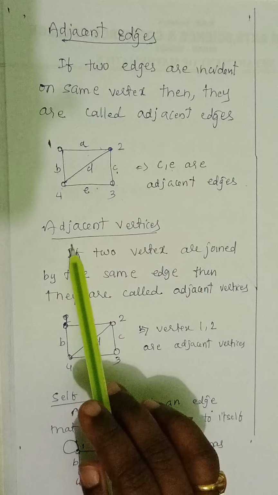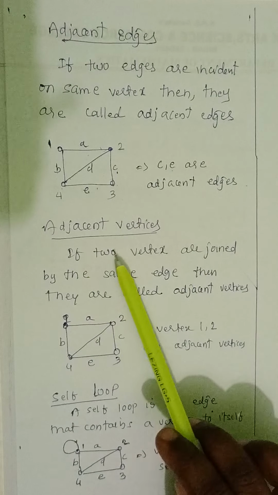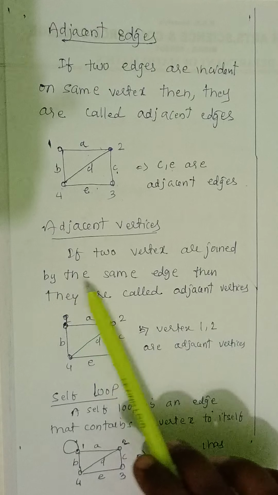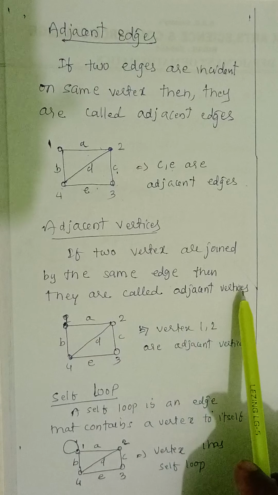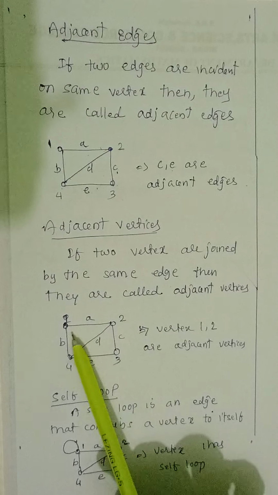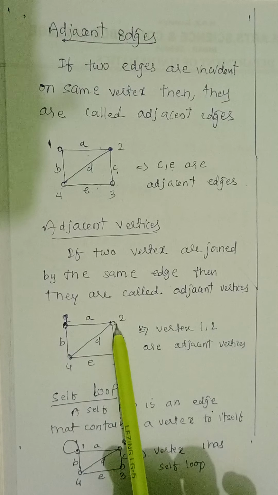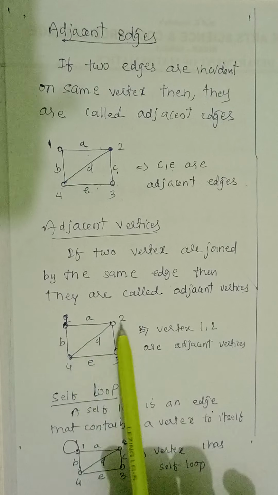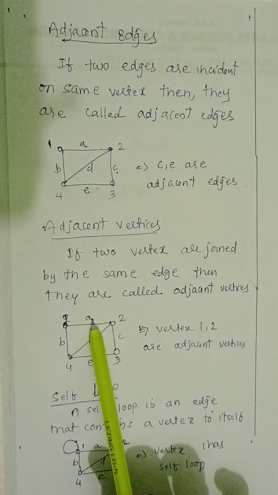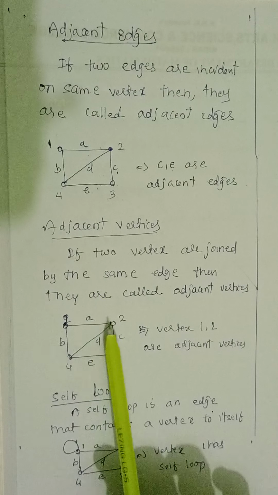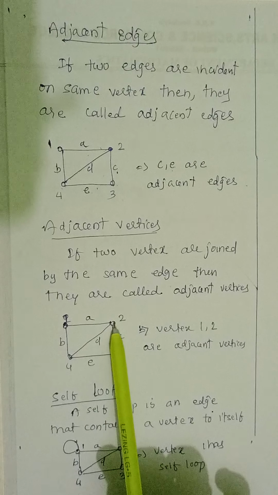Next definition, adjacent vertices. If two vertices are joined by the same edge, then they are called adjacent vertices. Let us take vertex 1 and vertex 2. These two vertices are joined by the same edge, that is A edge, so we say vertex 1 and 2 are adjacent vertices.